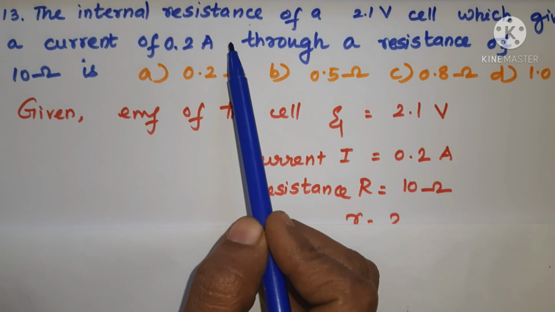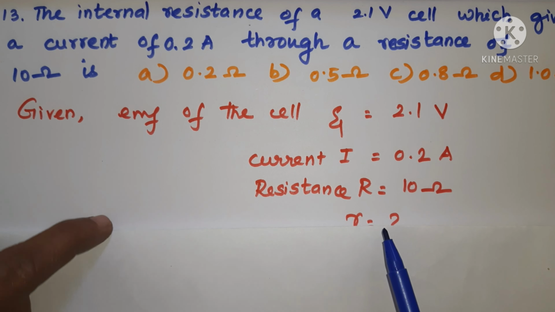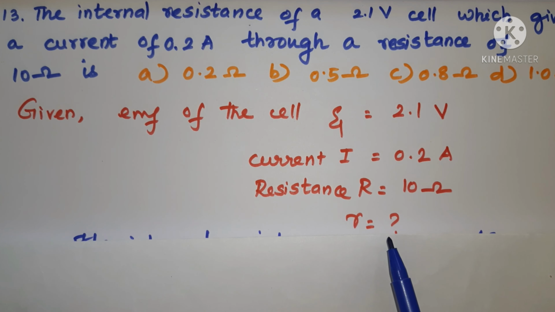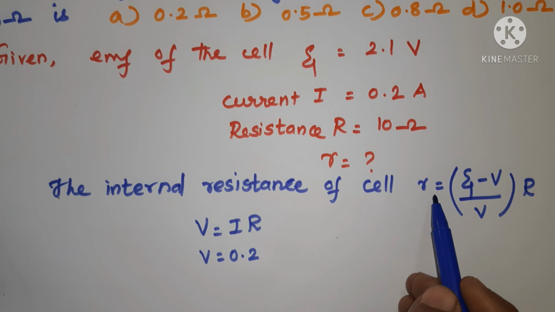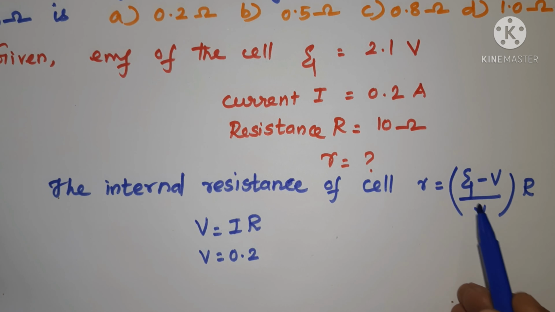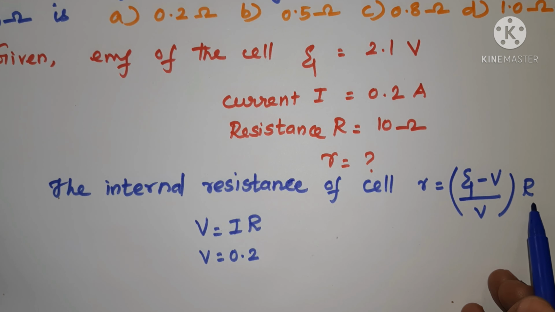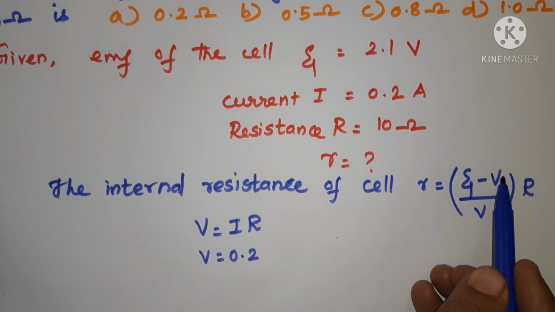The internal resistance is to be found, so we have r is equal to question mark. The internal resistance of a cell is given by the formula r is equal to E minus V divided by V into R.